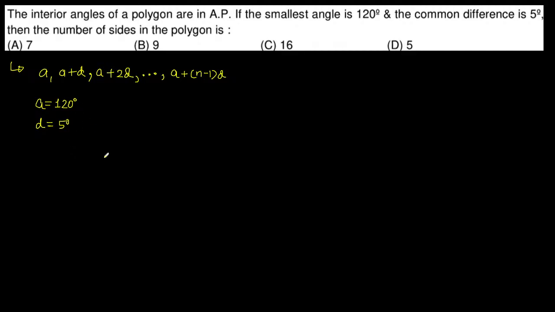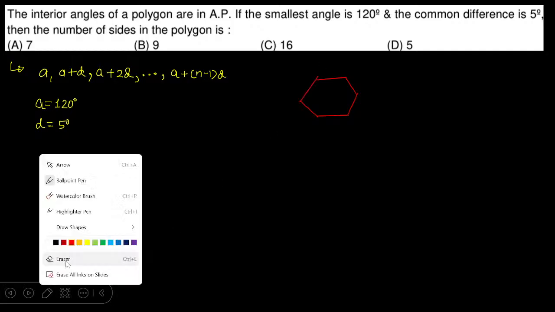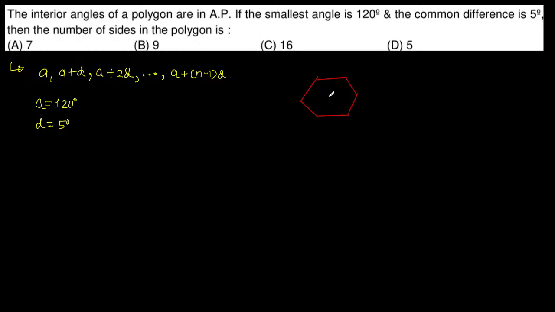So what will happen if we consider a polygon with 6 sides, 1, 2, 3, 4, 5, 6? This will form triangles.